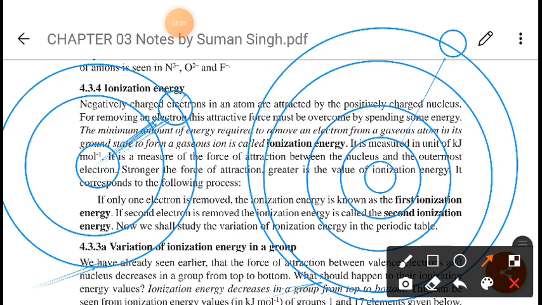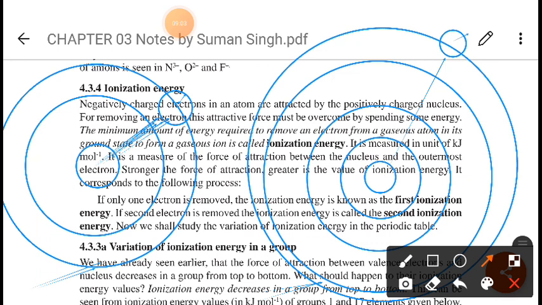So the attraction force between the electrons and the nucleus is inversely proportional to the distance between them.